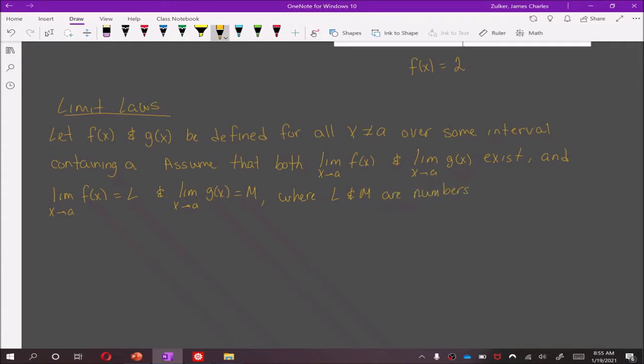And L and M are just real numbers. Furthermore, we're going to say let C be a constant.